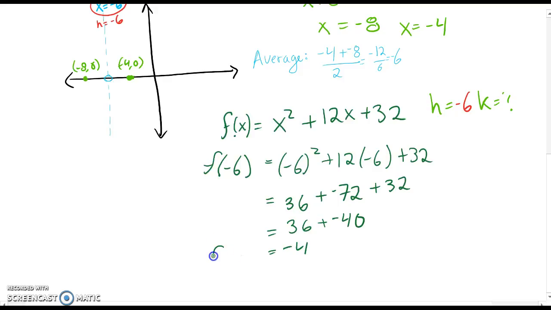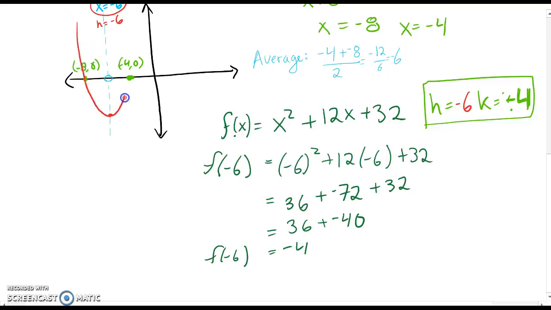And so we get f of -6 equals -4, which means really that our k equals -4. Sorry, -4, not +4. When I go to plot this point now, k equals -4, h equals -6. I find it on my graph: -6, -4. Now I can sketch my quadratic.